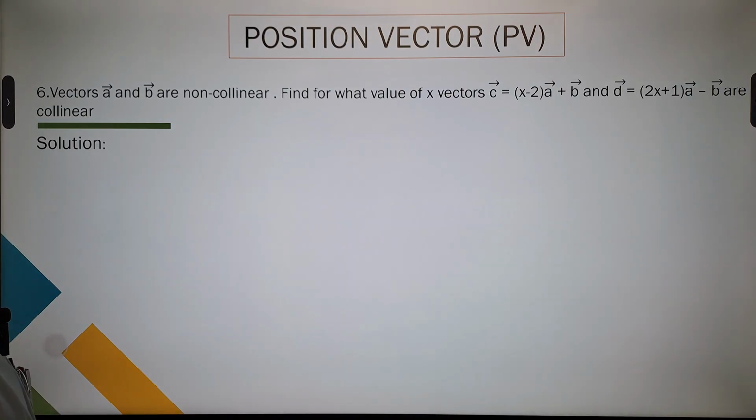Question number 6: vectors a bar and b bar are non-collinear. Find for what values of x, c bar and d bar are collinear.